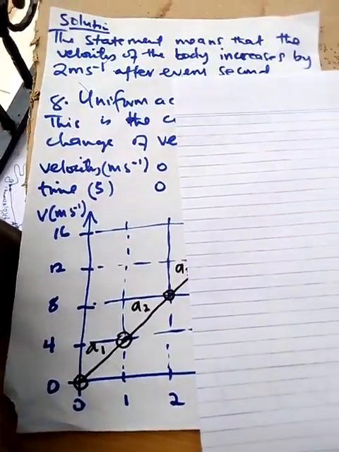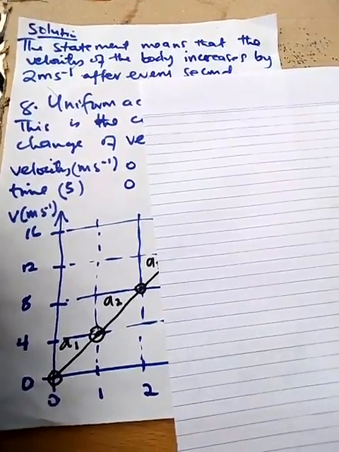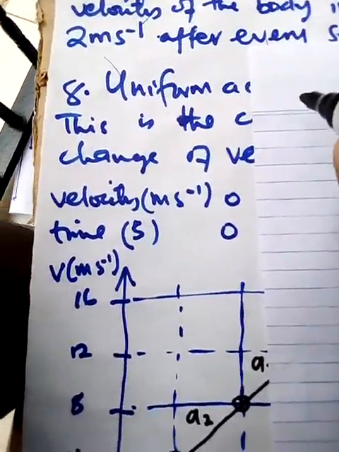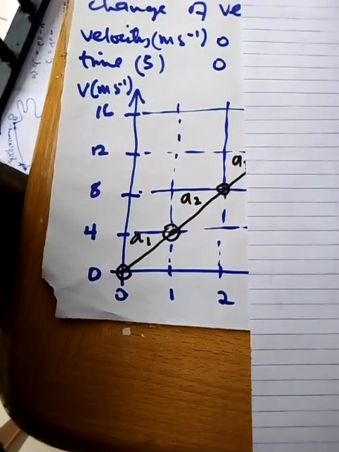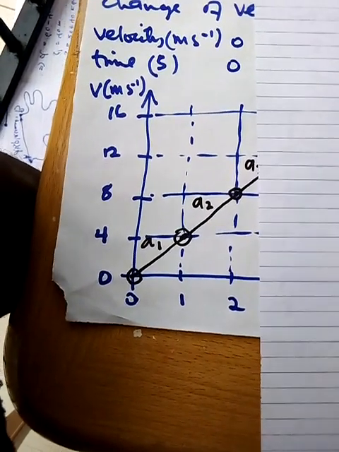So let's look at acceleration 1. Acceleration 1 is equal to final velocity minus initial velocity divided by the time taken.